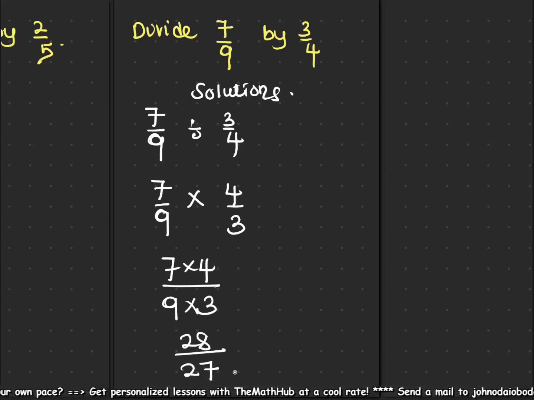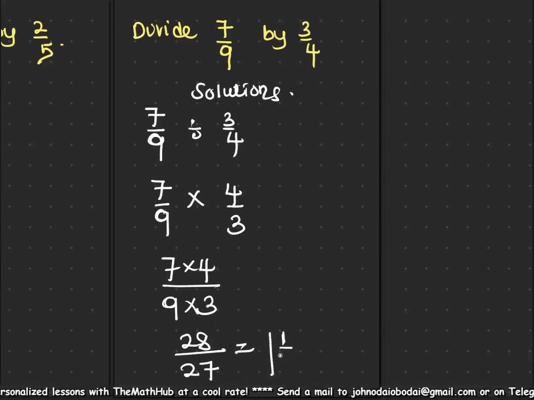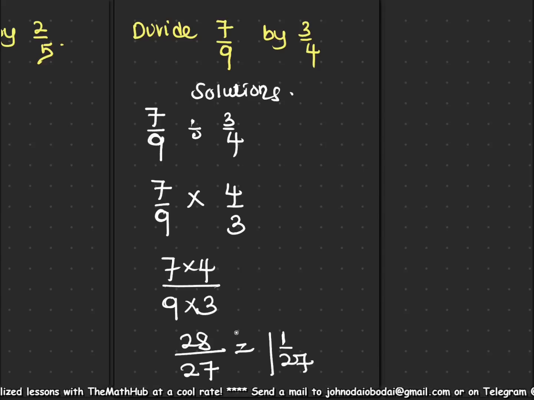This here is our final answer, which we can change into a mixed fraction as well. So we are going to get 1 whole number, 1 over 27. This is our answer for the question above. Let's look at one last example, after which I give some exercises.